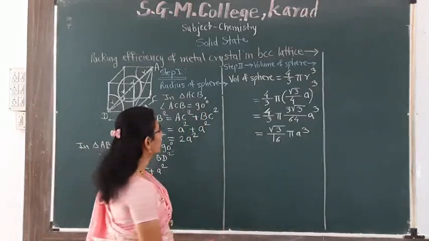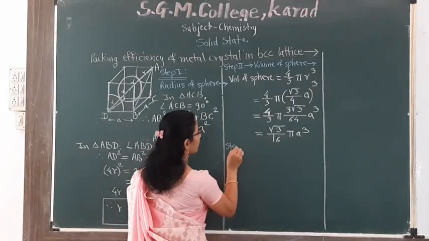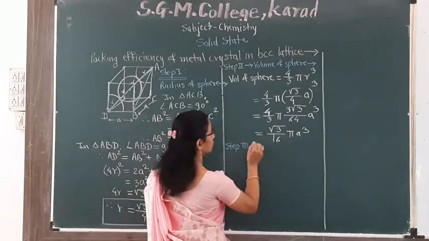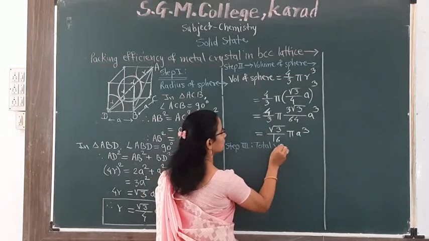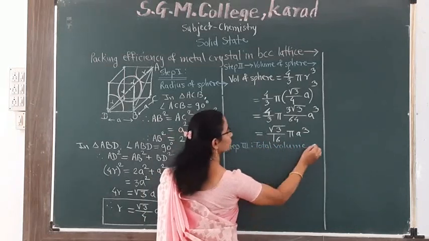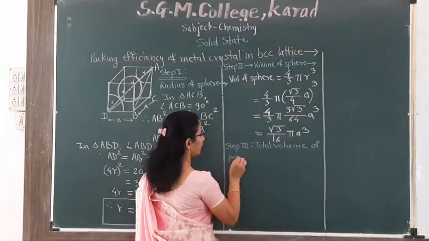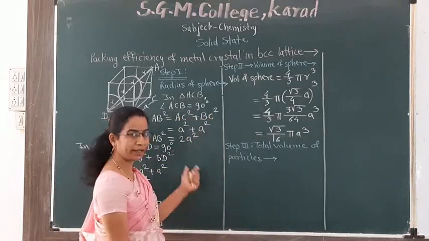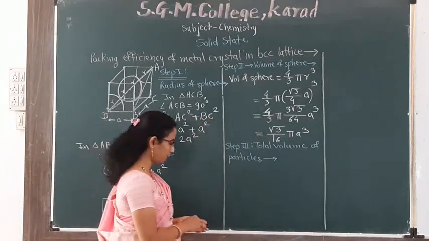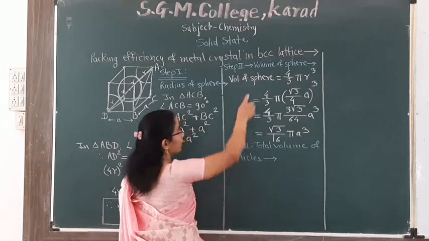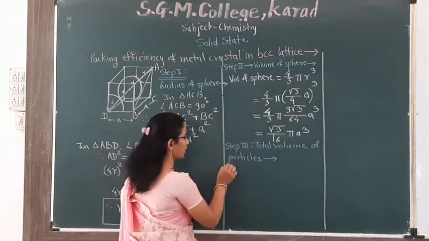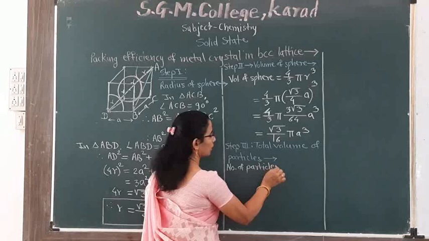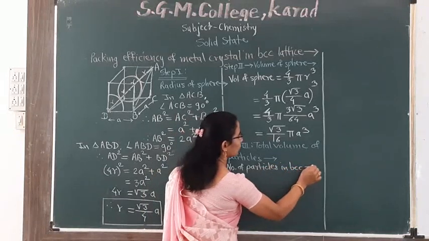Now, in the third step, determine the total volume of particles. Total volume of particles or total volume of spheres. And how is it determined? By knowing the number of particles in the crystal lattice. We know that since there is a BCC arrangement of particles, the number of particles is 2.